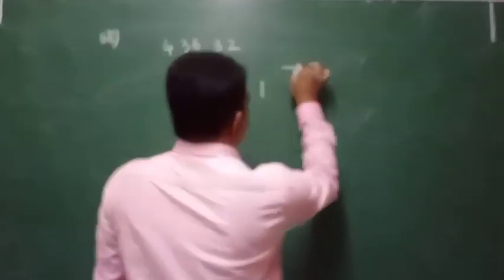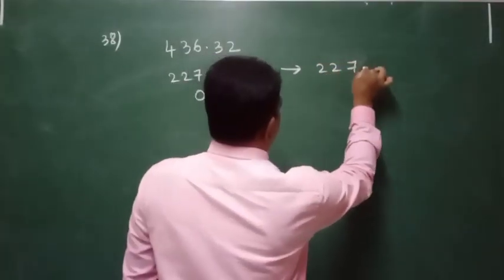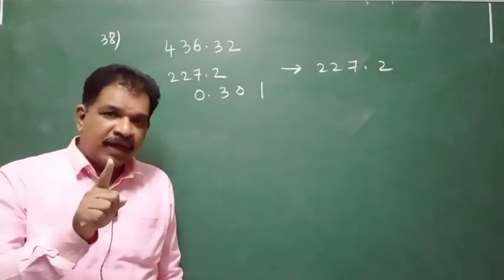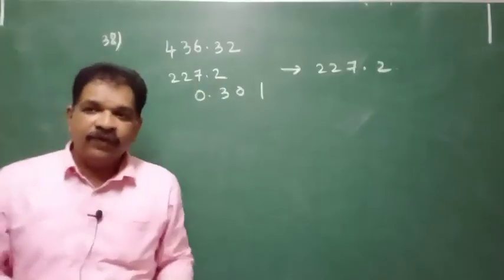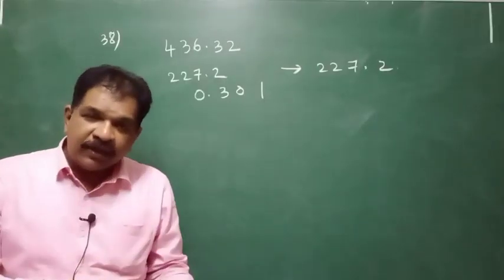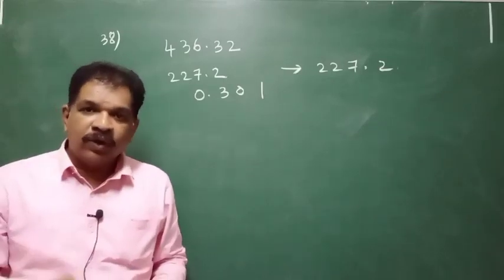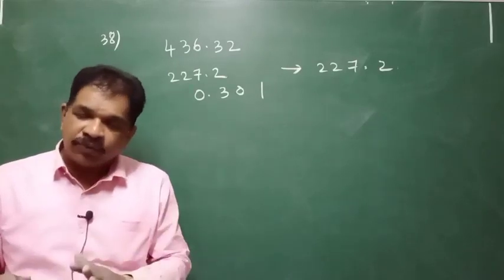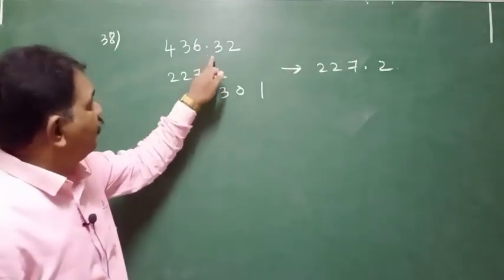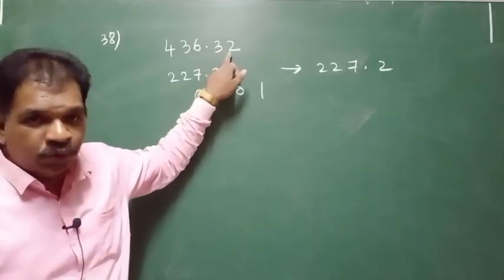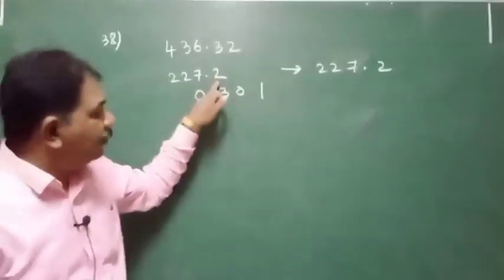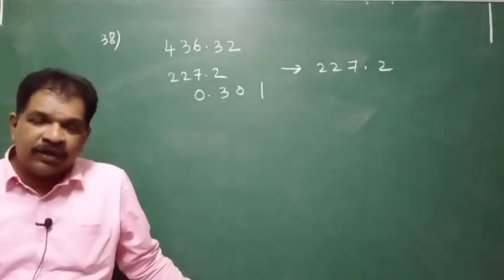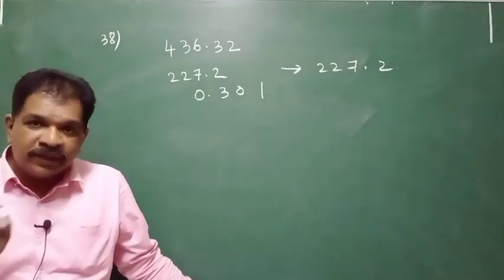How much is this? 227.2. After the decimal point, it has only one significant figure. The remaining numbers will be rounded to have one more significant figure than that, so we have to round first. Minimum is one significant figure here, so the other numbers are rounded to have 2 significant figures.